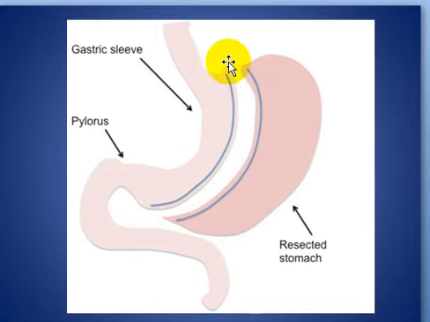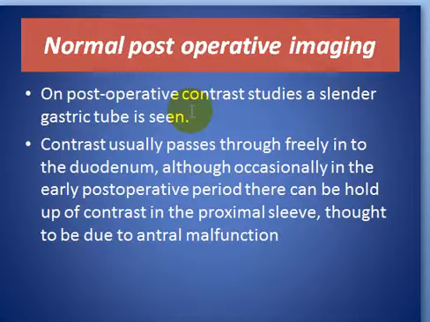As we see here, this is the stapling and this is the resected stomach, and this is the about 100 cc of the stomach left, resembling a gastric tube, and this is the vertical stapling. Normal post-operative imaging.